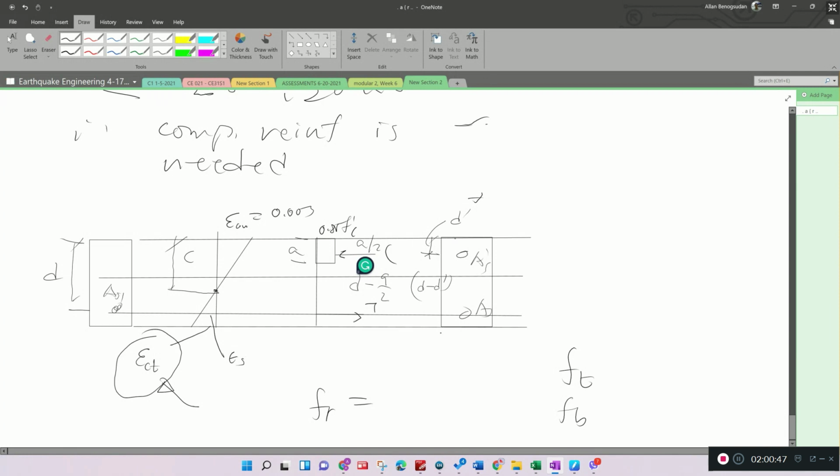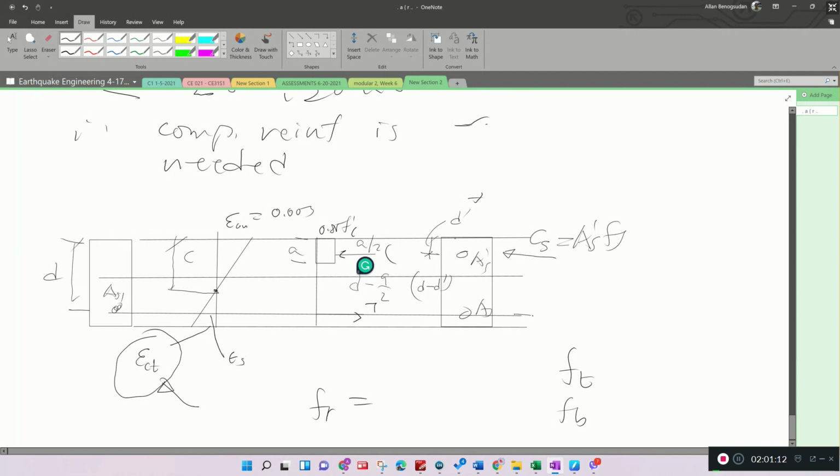Tama ba yun? So, ito naman, may pwersa tayo dito. Ito ay, sabihin natin, C sub S, and that is equal to A prime S of Fy, and this one is T sub 2.